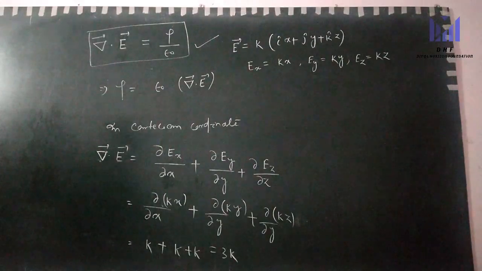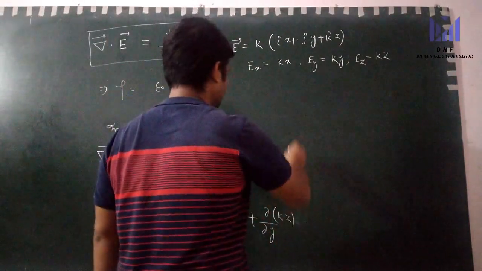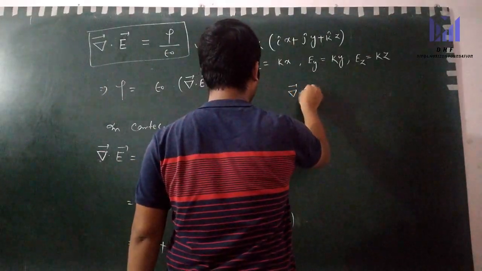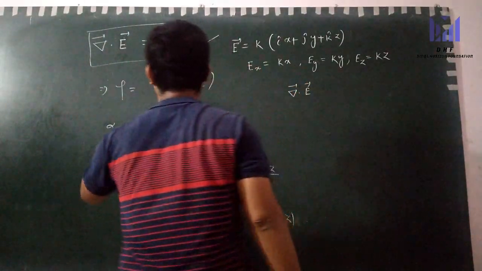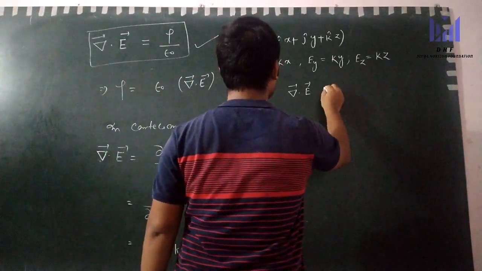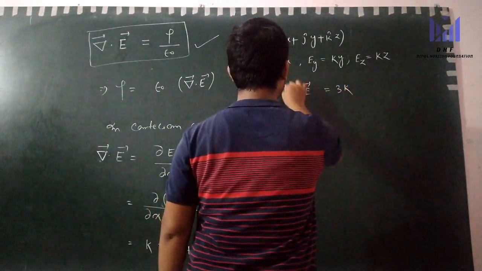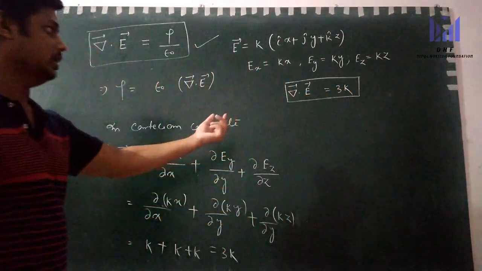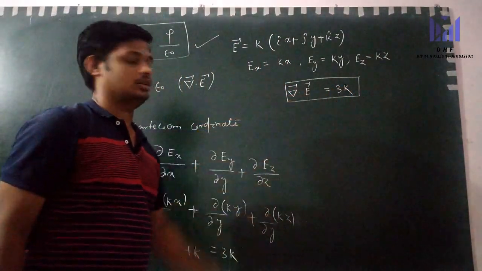So the divergence of the electric field at any particular point is 3k, and k is a constant.